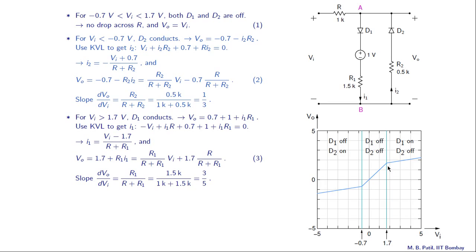Alright, so our VO versus Vi relationship is given by combining these three pieces together, and that is what we get. The SQL file for this circuit is available to you, so you can run the simulation and check out the results.